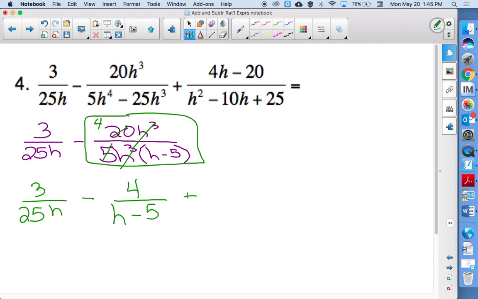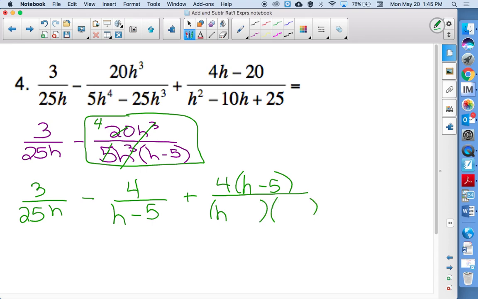All right, my third fraction. Eris, how could we factor that denominator? 4 times h minus 5. Okay, 4 times h minus 5. And then on the bottom? It's h plus 5. You're close.